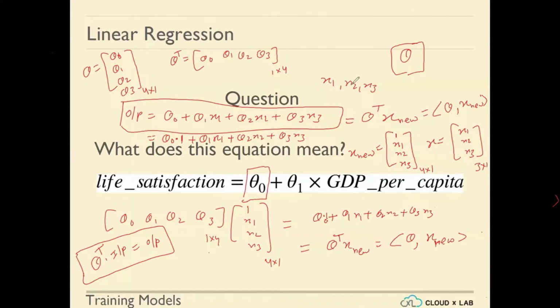Since we have 3 features x1, x2, x3, in each term we can have a degree 1 term, because the degree of x3 is 1, the degree of x2 is 1, the degree of x1 is 1. So in a degree 1 model, we can have either a degree 1 term or a degree 0 term. So all degree 1 and degree 0 terms will be there in a degree 1 polynomial. Similarly, in a degree 2 polynomial, we will have all degree 2 terms, degree 1 terms, and degree 0 terms.